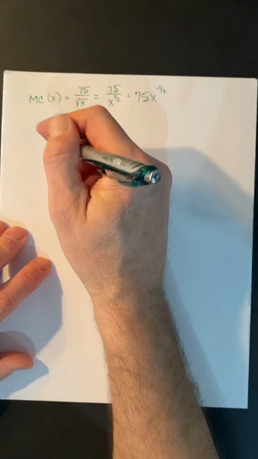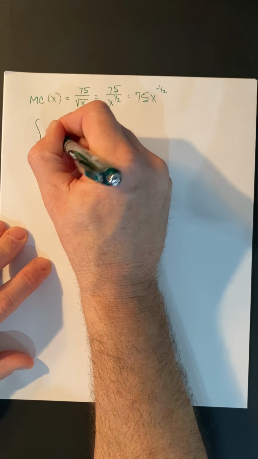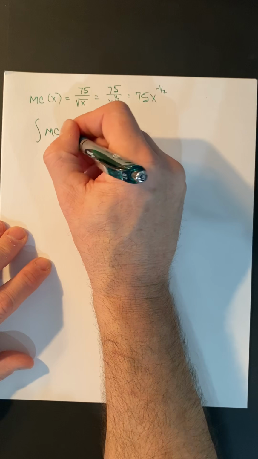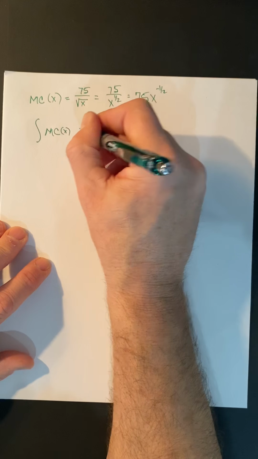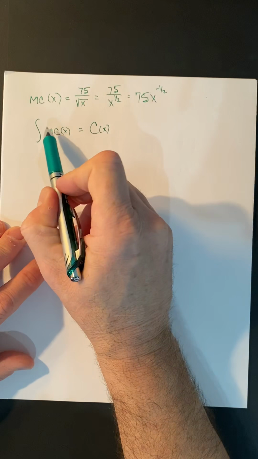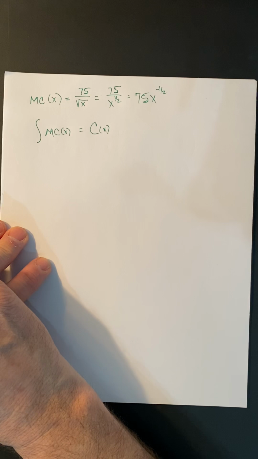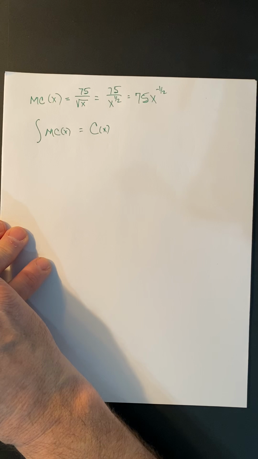So from a setup standpoint, if I integrate the marginal cost function, I should get the cost function, right? Because I'm taking the integral of a derivative, I should go back to my original equation.